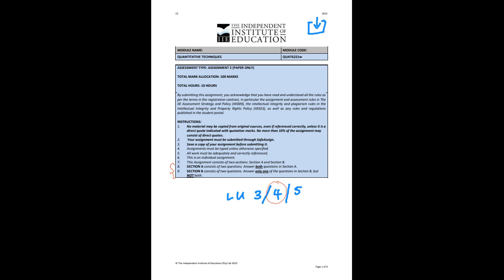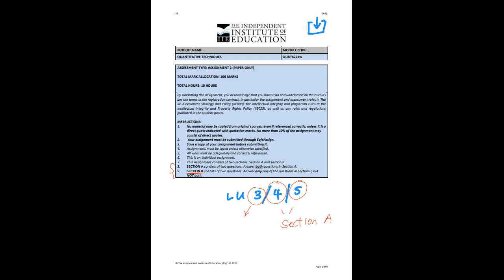So these were section A. And then learning unit 3, which was section B here, had 2 questions, but you would only answer one of them. Please pay careful attention to that, because previously we've had students attempt both of them as they didn't read the instructions correctly.